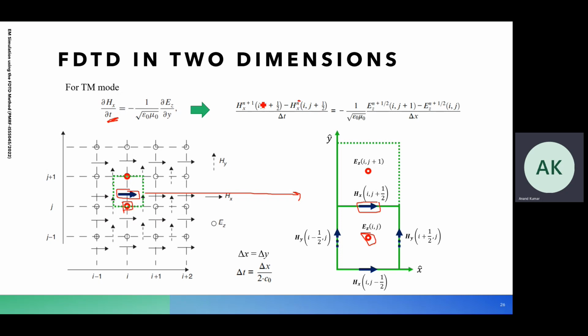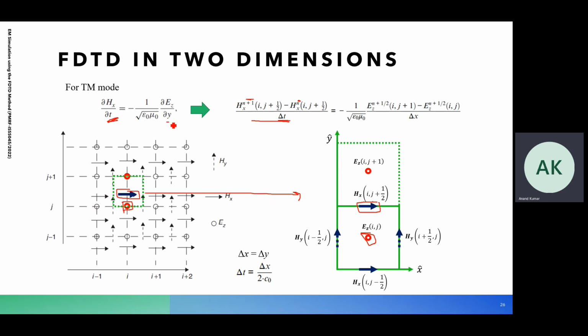So this is a past value, this is a future value, and taking at this particular node i plus half. And we have delta t in the denominator. So this is the central difference approximation, the finite difference central difference approximation for the magnetic field in the time derivative.